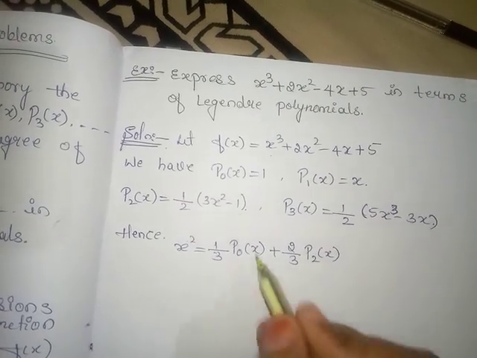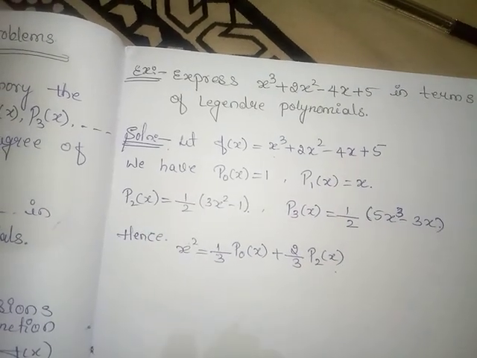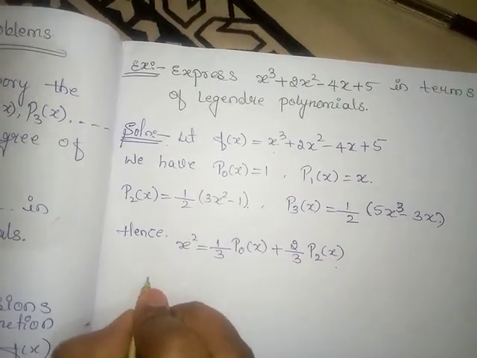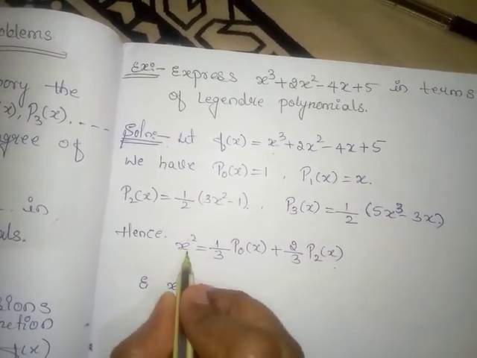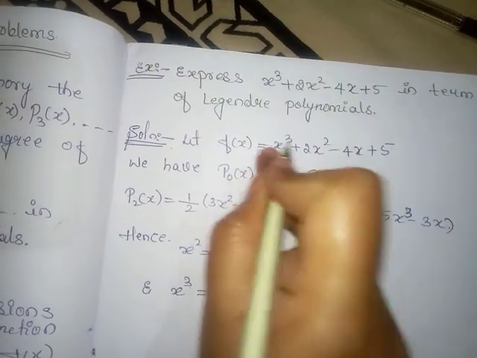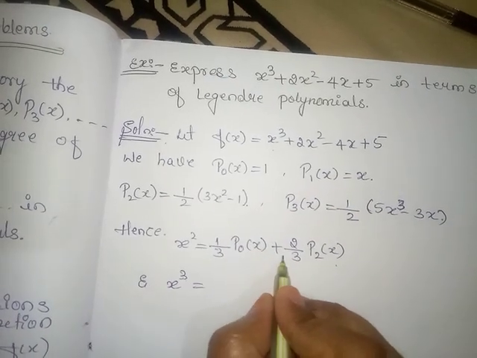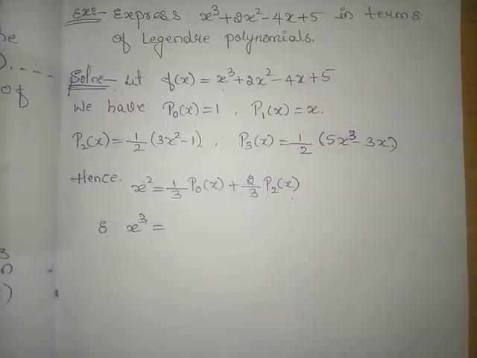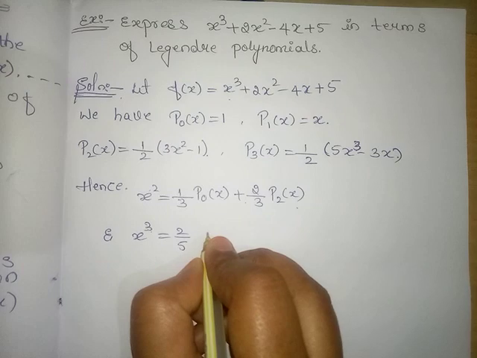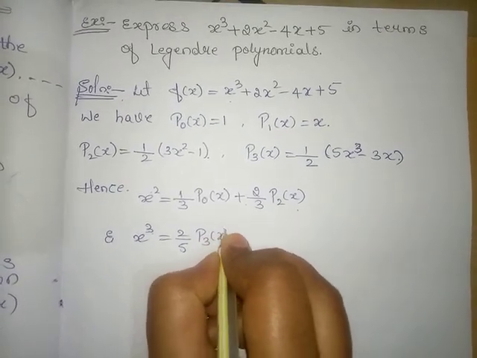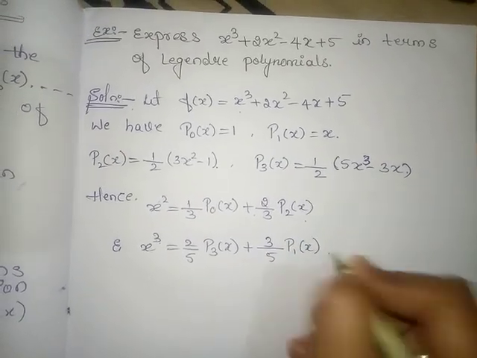If not, you go for this expression and write down x square in terms of Legendre's polynomial and x cube. Here we have degree up to 3, so I need x square and x cube in the expression, so I want x square in terms of Legendre's polynomial and also x cube in terms of Legendre's polynomial. x cube is 2 by 5 P3 of x plus 3 by 5 P1 of x.